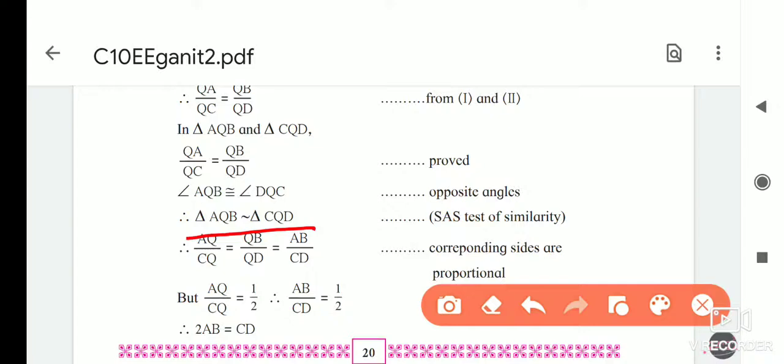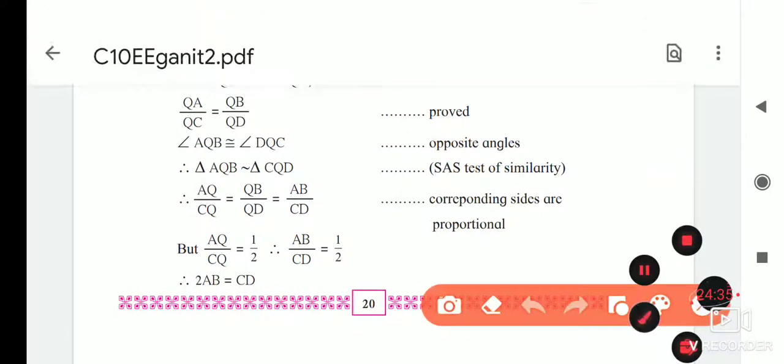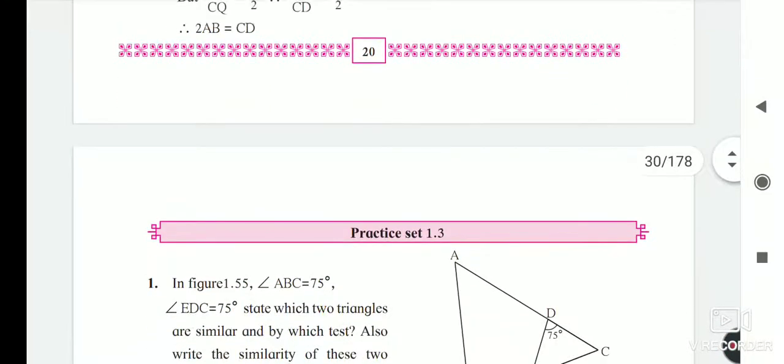Once they are similar to each other, their remaining sides are also in proportion. So AQ upon CQ is equal to QB upon QD is equal to AB upon CD. So here AB upon CD is equal to 1 by 2. This 2 will come here for multiplication and CD will go here for multiplication. So we got 2AB is equal to CD. In that way we have to solve this.